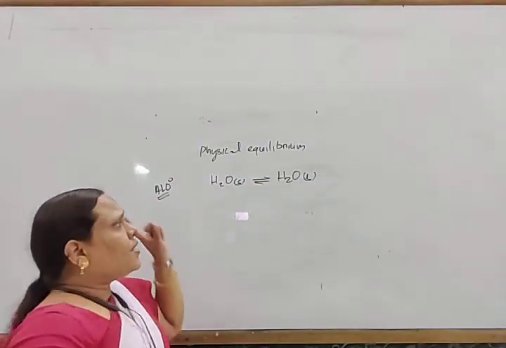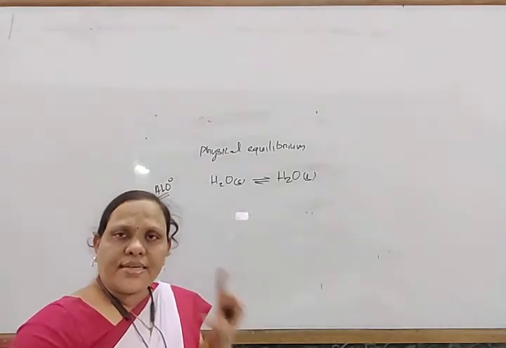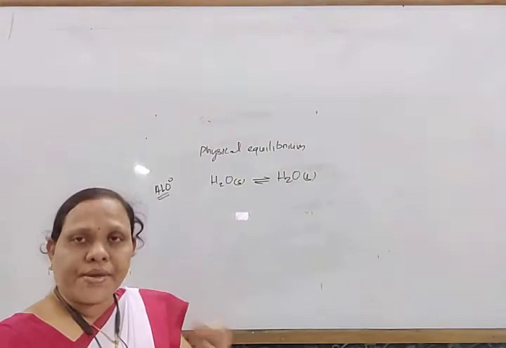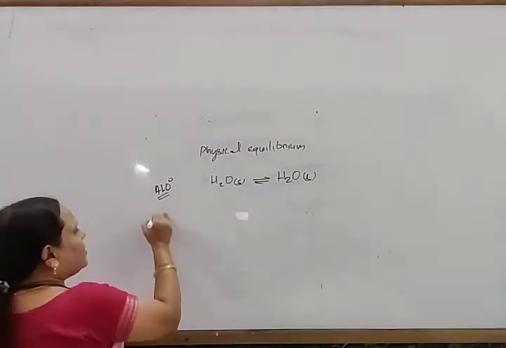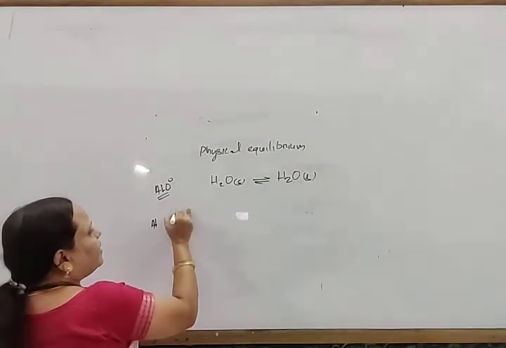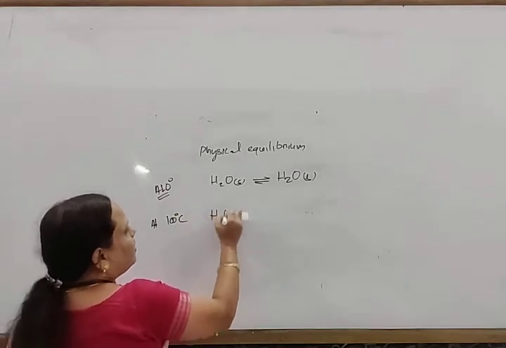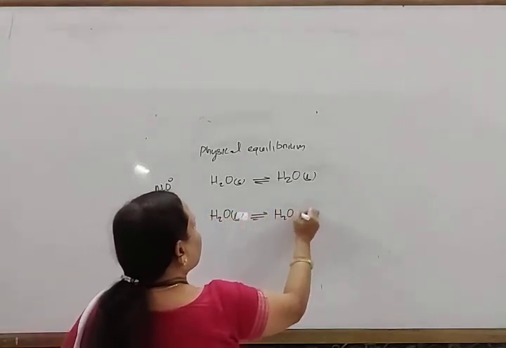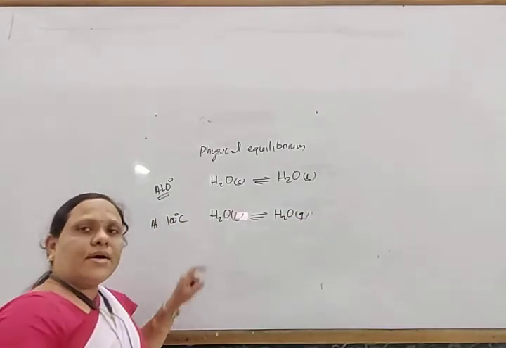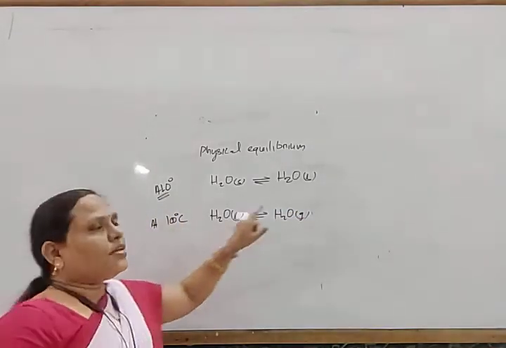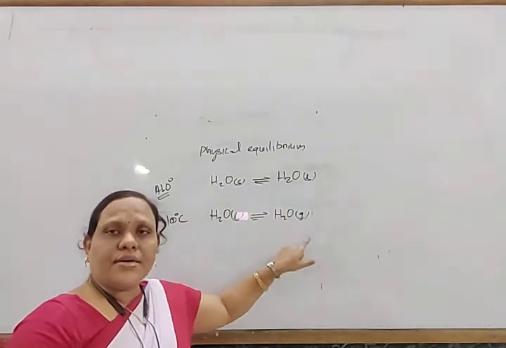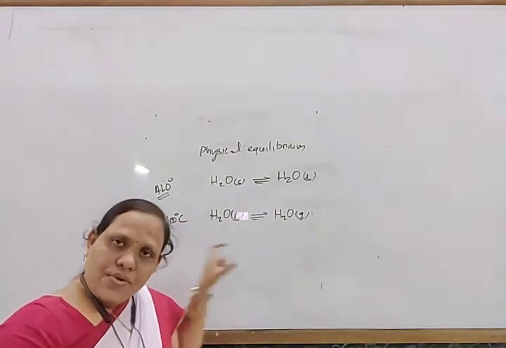So at the melting point of a solid, both the solid and liquid are in equilibrium. Similarly, suppose at 100 degrees Celsius, liquid water is there and gaseous water is there. So liquid water is converted to water vapor at 100 degrees Celsius. So here both the liquid and water vapor coexist.